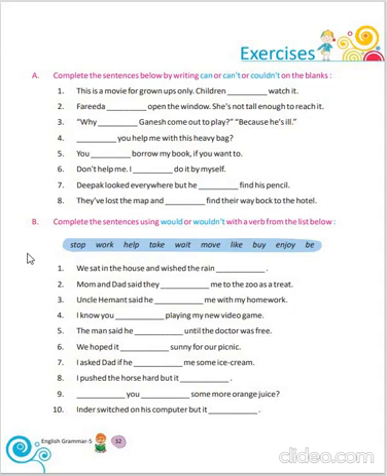Now come to B. In this, you have to complete the sentences using would or wouldn't with a verb. Like, we sat in the house and wished the rain would stop. Mom and Dad said they would take me to the zoo as a treat. Uncle Hemant said he would help me with my homework. I know you would enjoy playing my new video game.